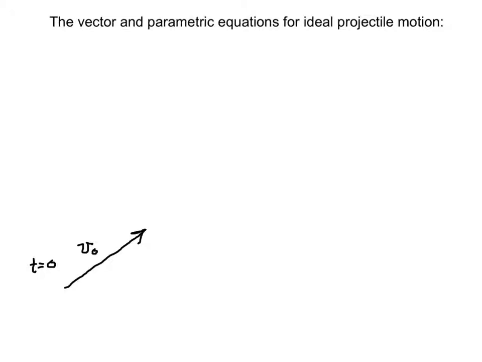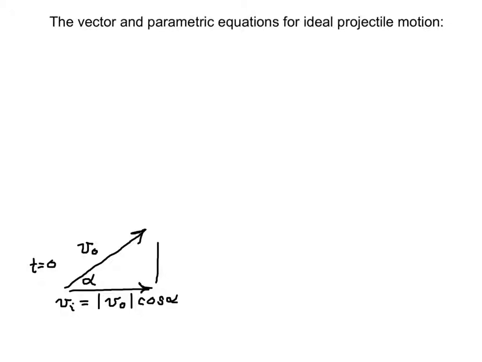So when this happens, its horizontal velocity component, v in the i direction, is the absolute value of the initial velocity times the cosine of the angle formed from the horizontal.